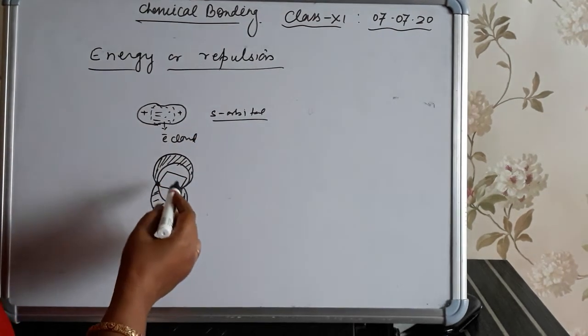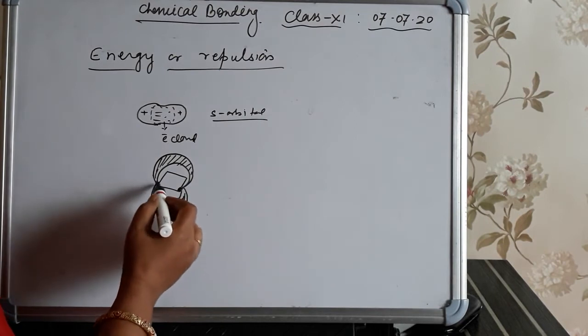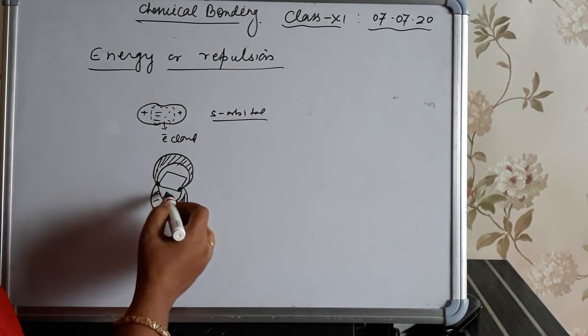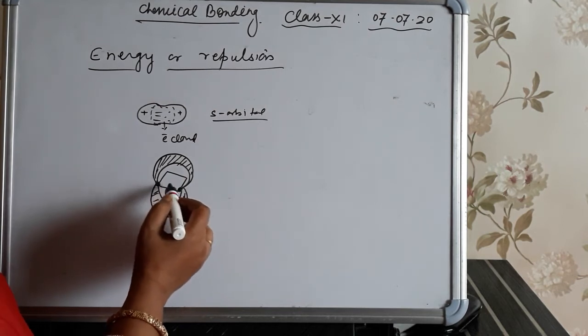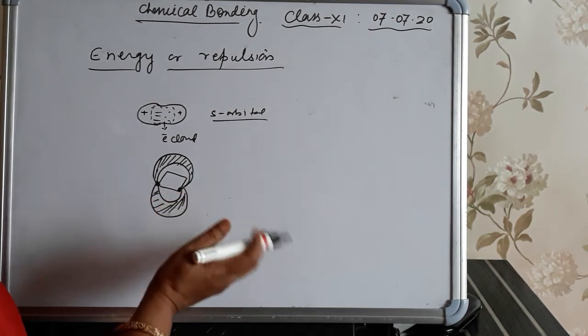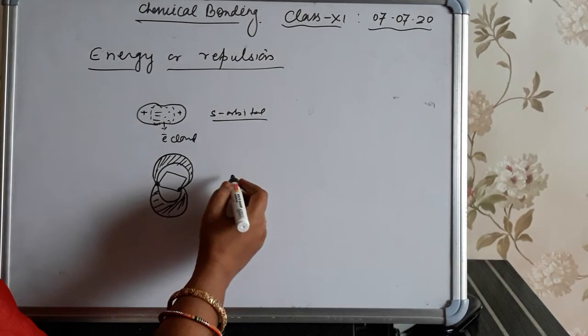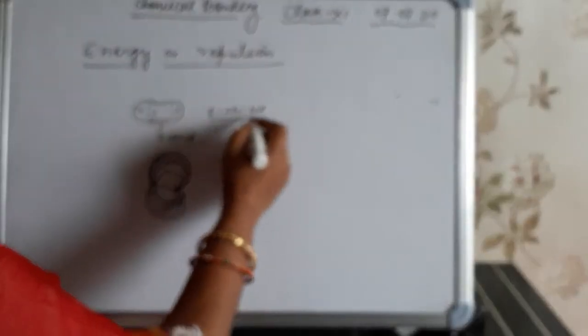But in the case of p orbital, the nuclei just face each other, no electron clouds present between these nuclei, and when repulsion starts, energy increases, stability decreases. So we can say that repulsion is minimum in the case of s orbital.